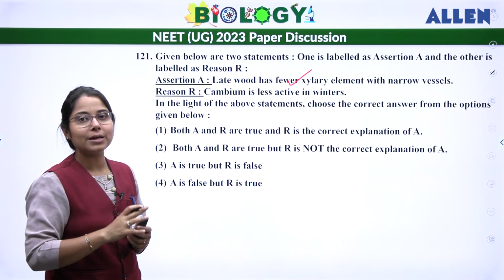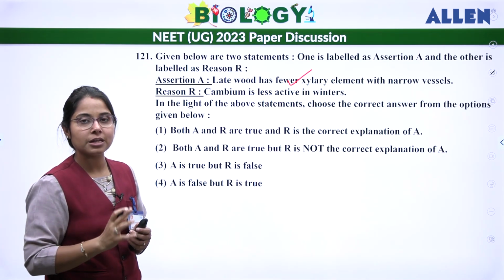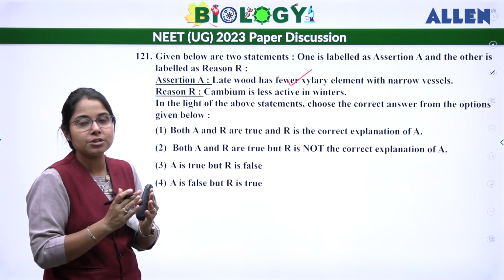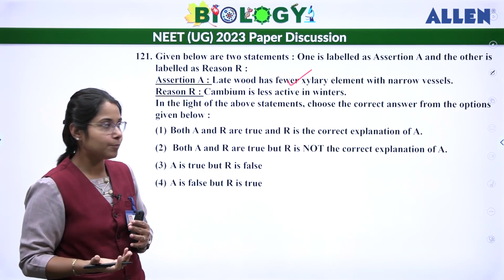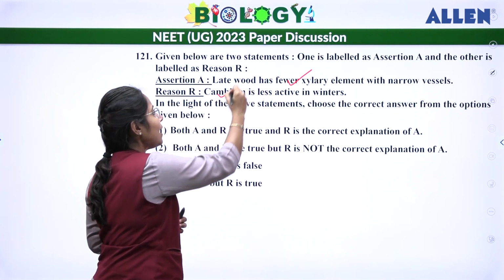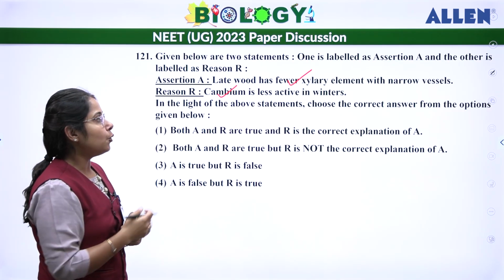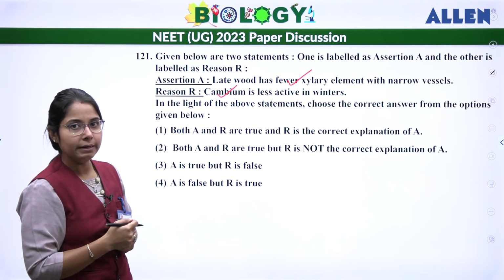And in the autumn wood and the late wood, the number of xylem vessels as well as the tracheids will be less, as well as they are narrow, because the requirement of water will be less. Okay. So hence the cambium is less active in winter, which is also true, and the correct reason also. It is explaining why the few xylary elements and the narrow vessels will be formed.